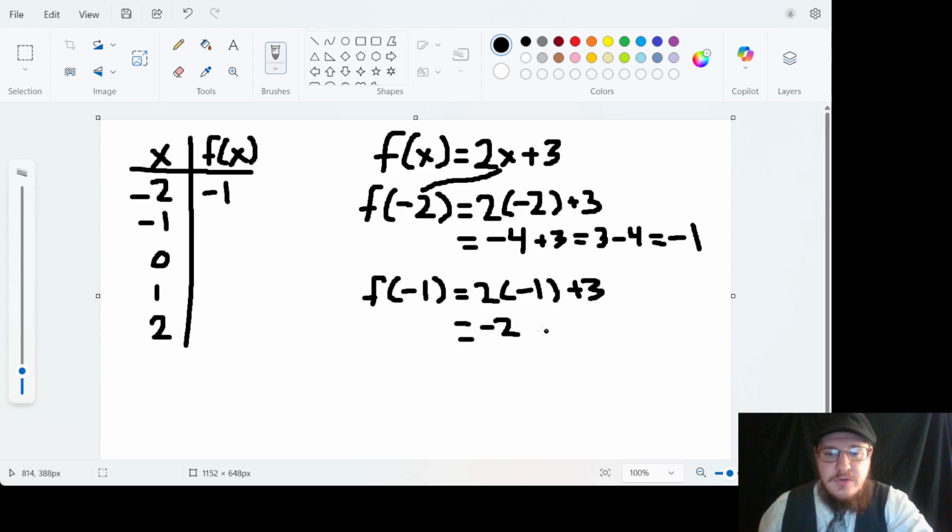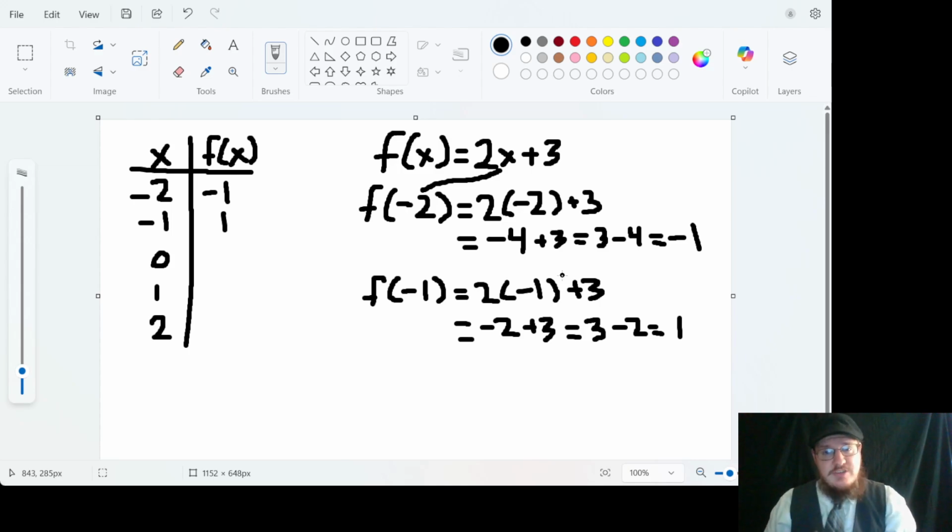So negative 2 plus 3, or rewrite it as 3 minus 2. It's going to be the same exact value here. So 3 minus 2, positive 1. Easy peasy. Simple order of operations here, doing addition, subtraction, doing multiplication here.